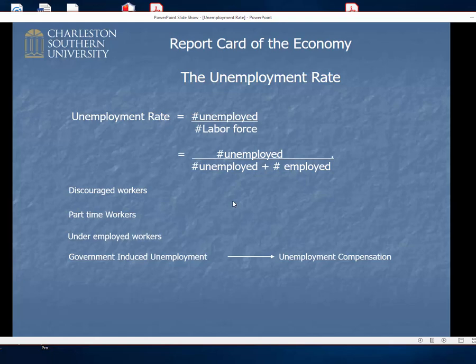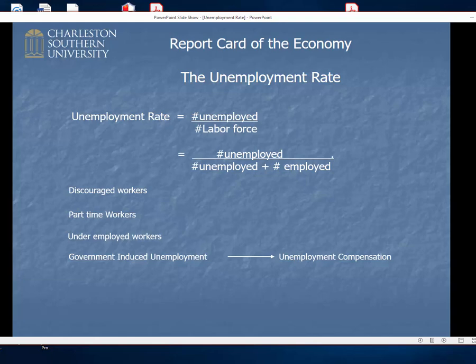But if you could draw unemployment compensation for a year and you found a job in Atlanta, you might say, well, maybe I'll take it, but maybe I'll keep searching. Maybe something will come up here in Charleston or maybe Summerville or Goose Creek. So government-induced unemployment is just this secondary effect of government programs that are essentially designed to make being unemployed not as terrible as it would be otherwise.